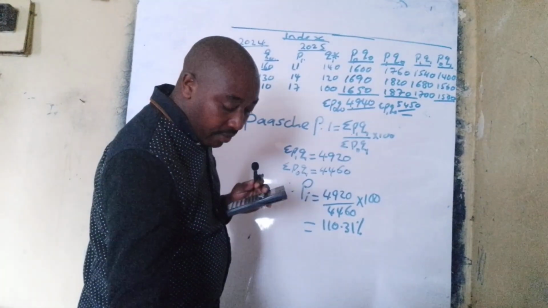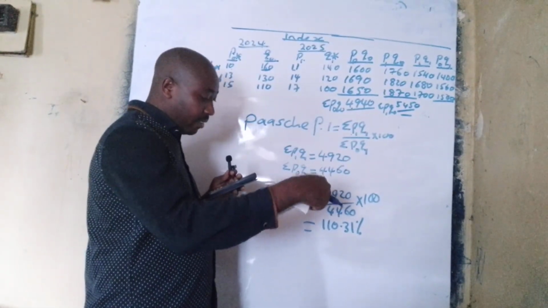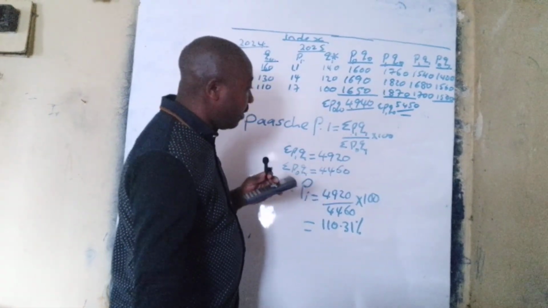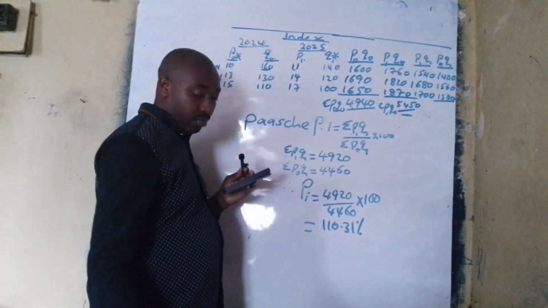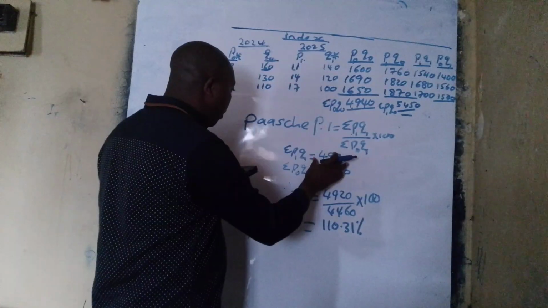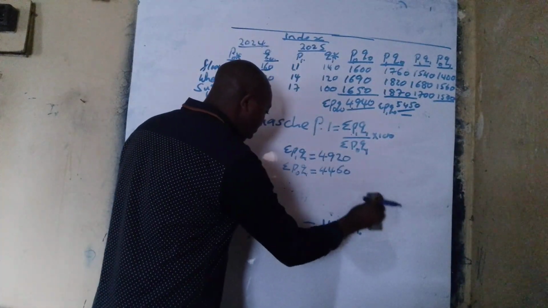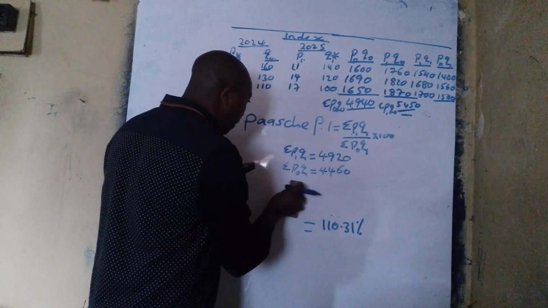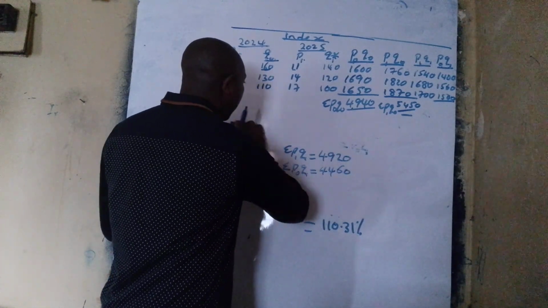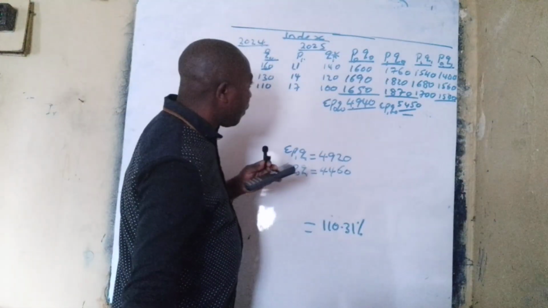The other index we can calculate is Fisher's ideal index. I don't want to wipe this one because I will need it. But let me wipe there.